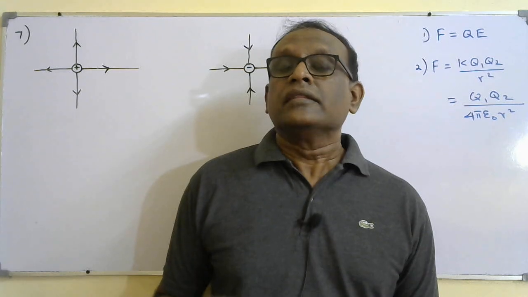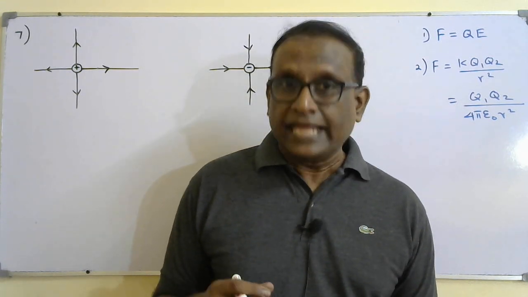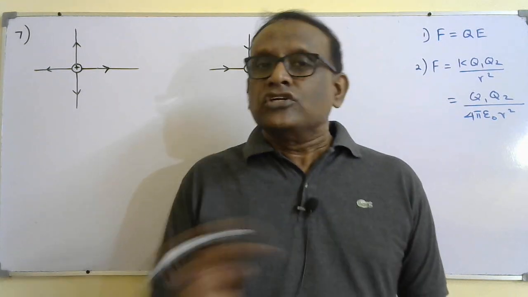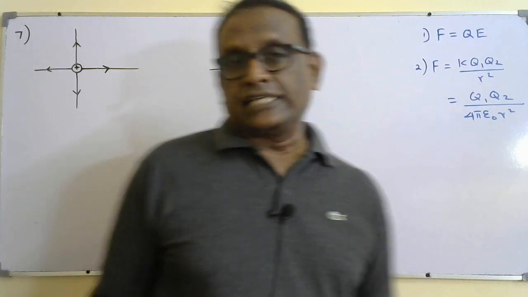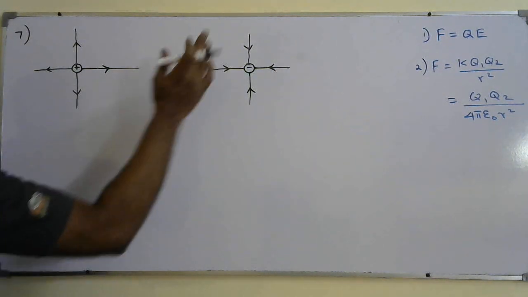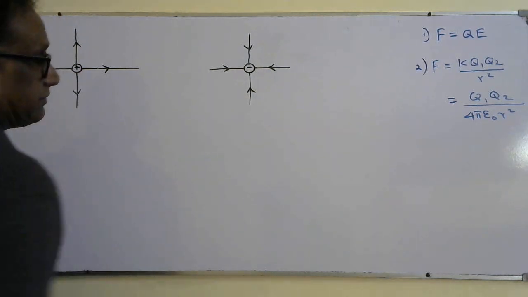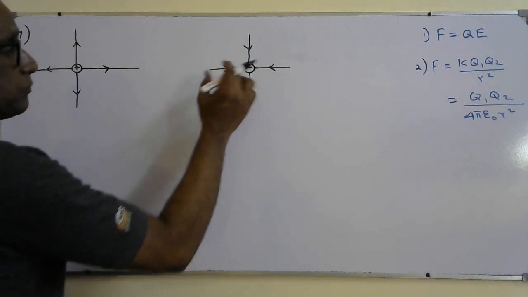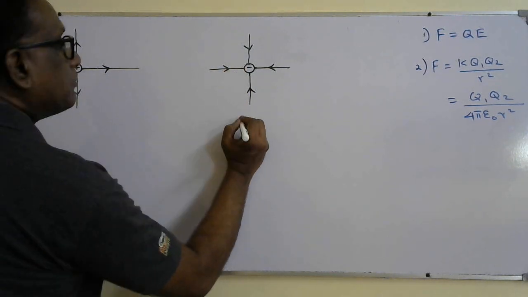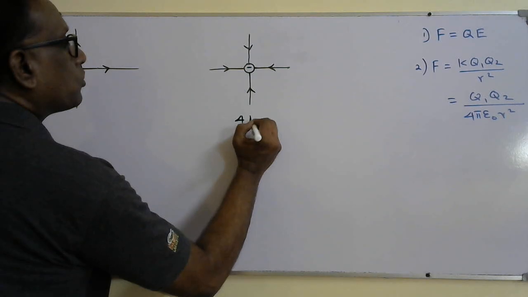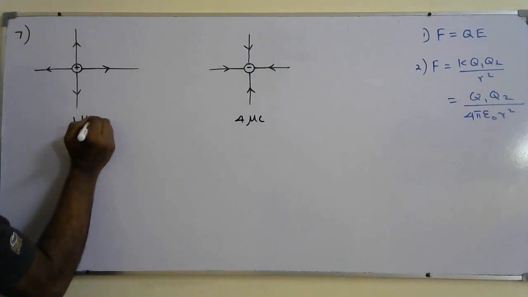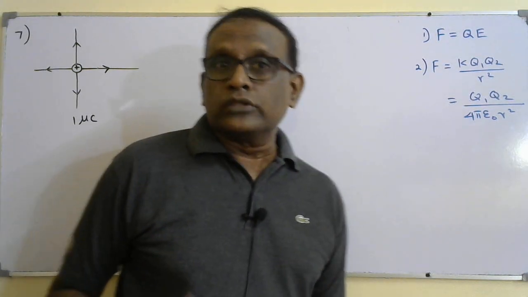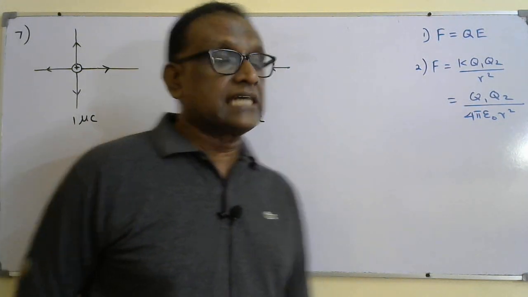Third point, the number of lines per unit area indicates the strength of the field. When you compare two different point charges, this is a point charge, there's another point charge, this is a negative charge, doesn't matter, but this one has higher strength. Both are point charges. For example, this is 4 microcoulomb, this is 1 microcoulomb. So I know the field strength is more here because its charge is more.